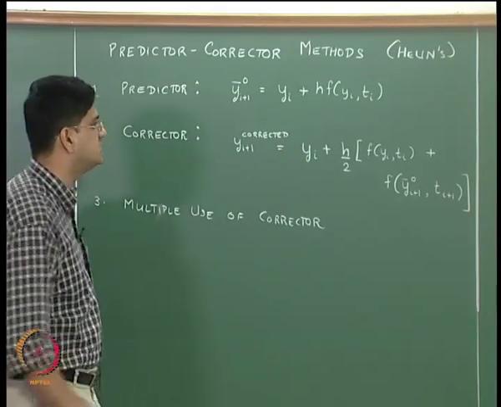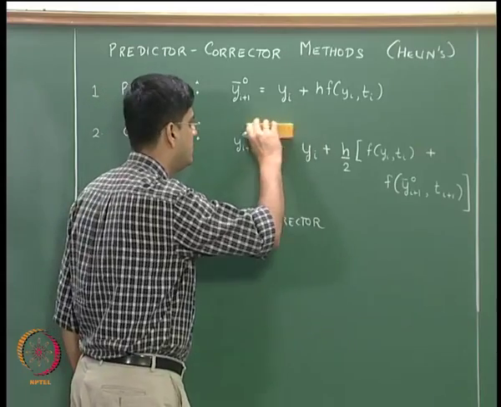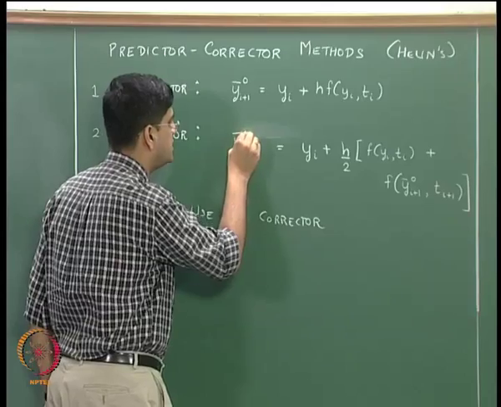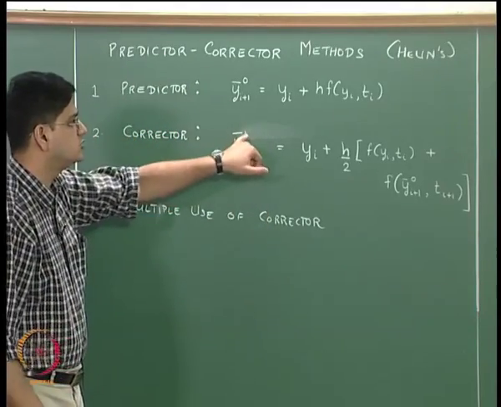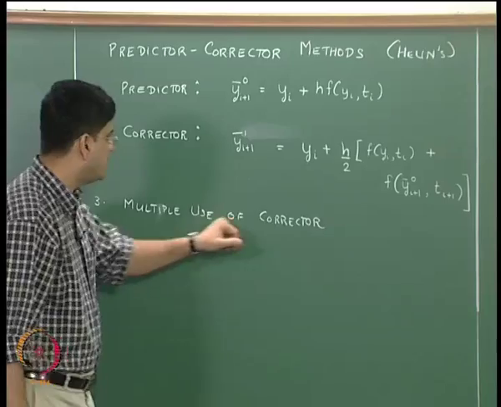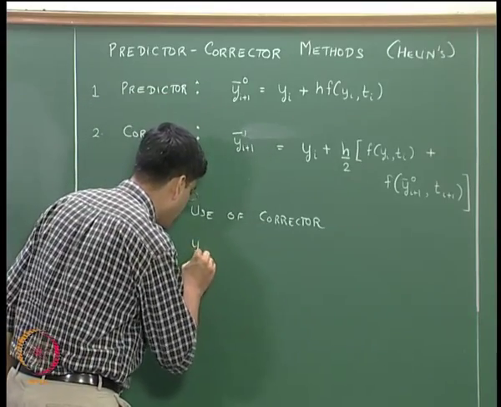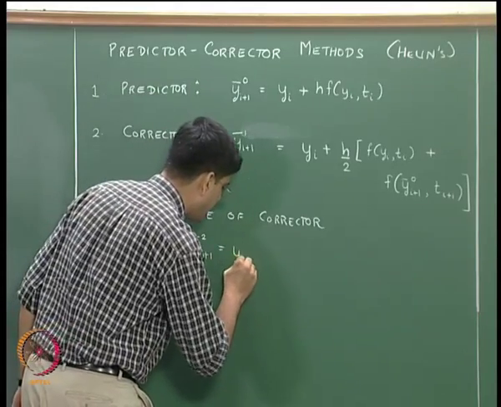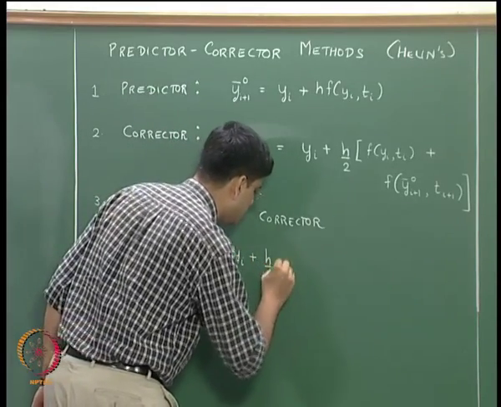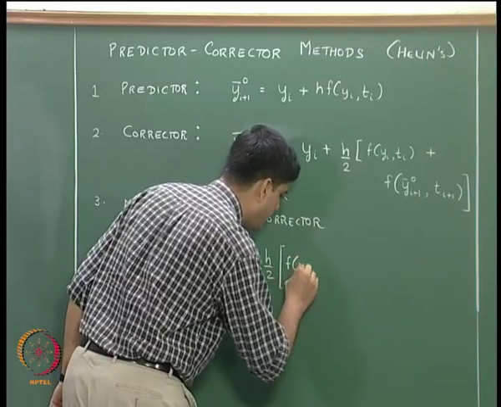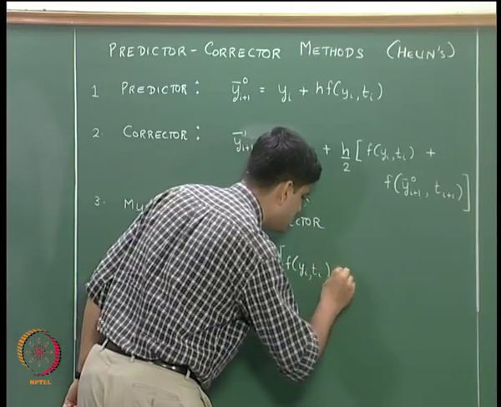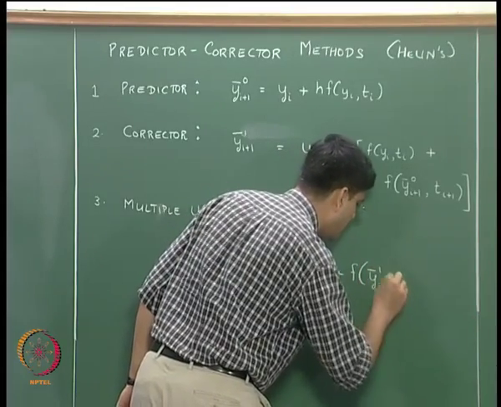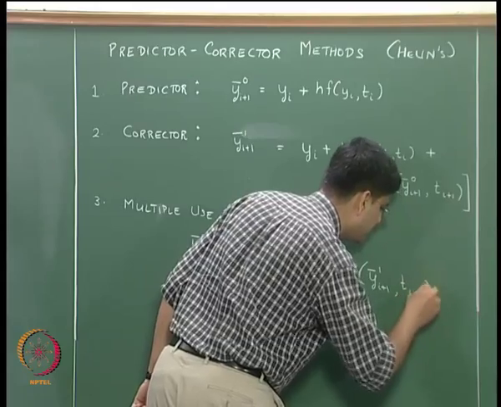Instead of calling this just y i+1 corrected, I will erase this corrected part, put a bar over here and write this as y bar i+1 superscript 1. So, the multiple uses of corrector would be y bar i+1 superscript 2 equal to y i plus h by 2 multiplied by f of y i comma t i plus f of y bar i+1 superscript 1 comma t i+1.